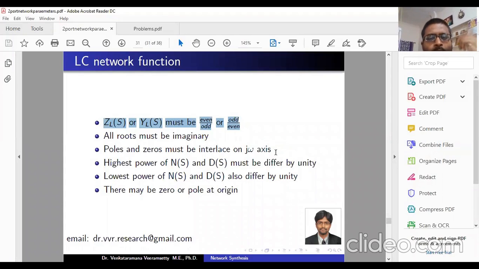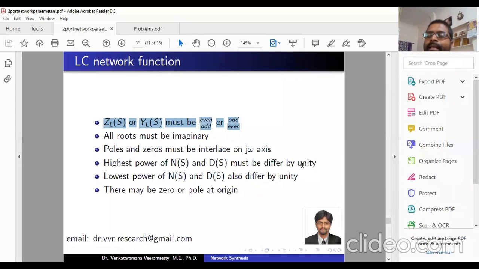And fourth and fifth points we know, that is the highest degree of the polynomial in the numerator and denominator must differ by 1, not maximum. A slight change from the PR function conditions. There the maximum difference is 1, but here it must be differed by 1.